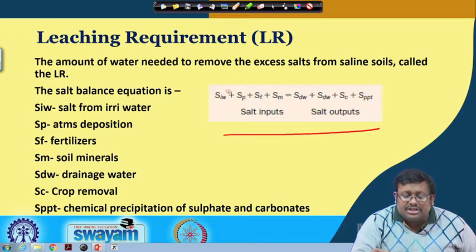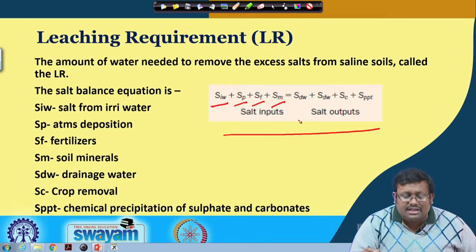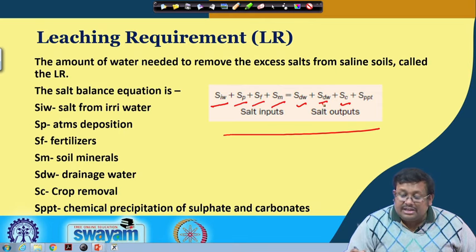The salt balance equation shows that SIW, which is salt from irrigation water, plus SP, which is atmospheric deposition, then SF, which is salt coming from fertilizers, then SM, that is salt coming from minerals, is equal to the salt removed: SC, which is salt removed through crop removal, and SDW, which is salt removed through drainage water, and obviously salt precipitated, that is, chemical precipitation of sulfates and carbonates.